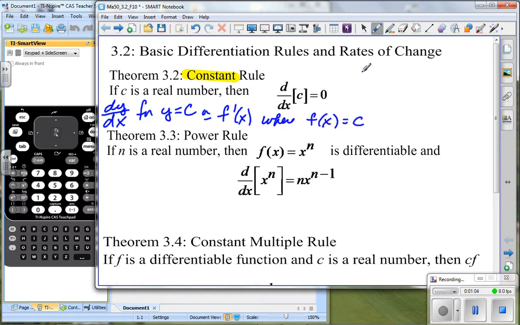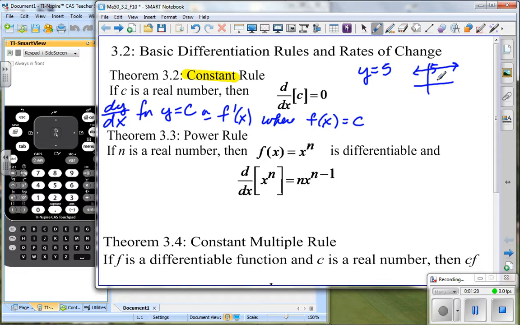Now a specific example would be, let's say y is equal to 5. We know that that would be just a horizontal line up here at 5. And remember, the derivative is the slope of the line tangent to the curve. It doesn't look like a curve, but we will call that a curve at a point.